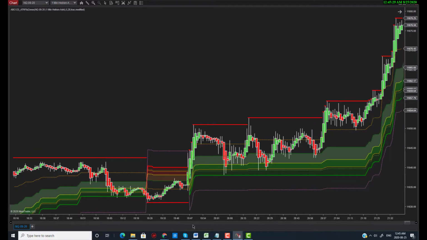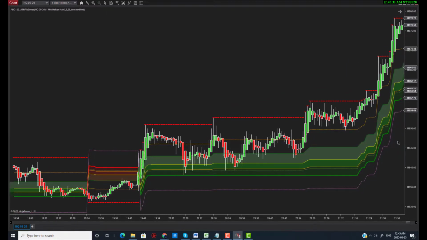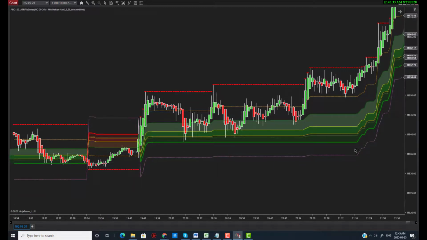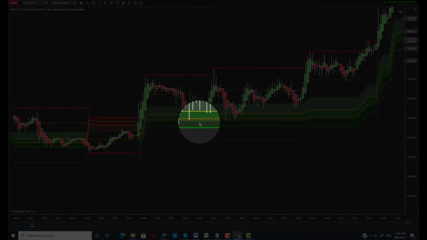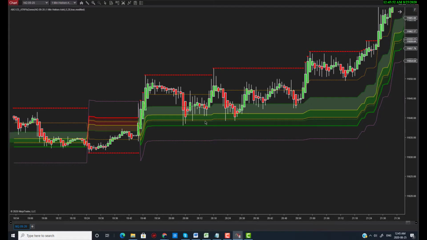So what I created, I'm just going to zoom in a little bit more here. You're going to see a few other lines. This line right here, which I created, is called a limit line. And this line here is my stop, my risk. So this is where I want to enter, and this is my maximum risk.